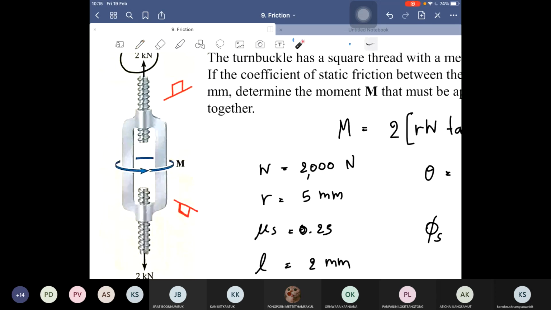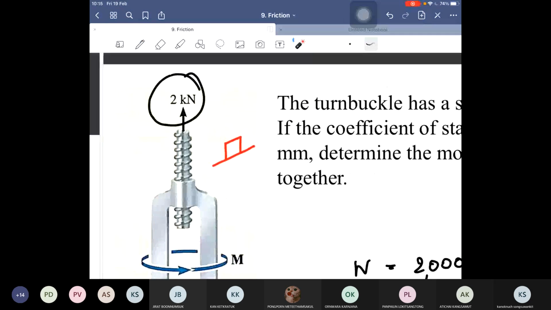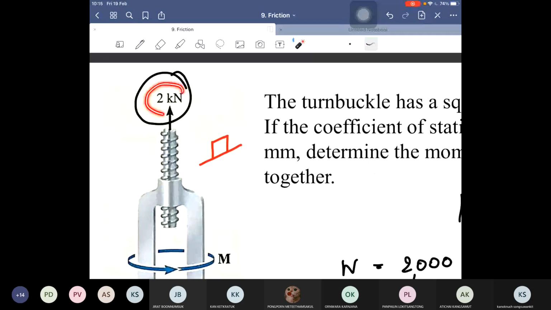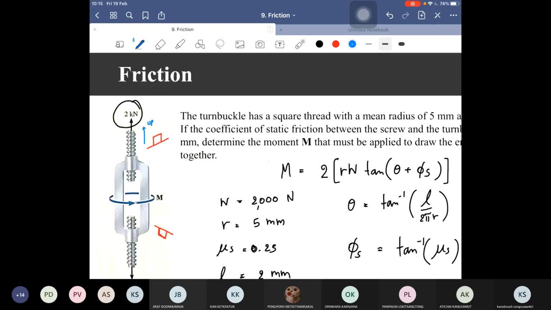It is easier to consider the upper screw, right? Because it just looks upward. And considering the force, 2 kilonewton is given in this direction, so you can guess that the screw tends to move up. That's why we use this equation.